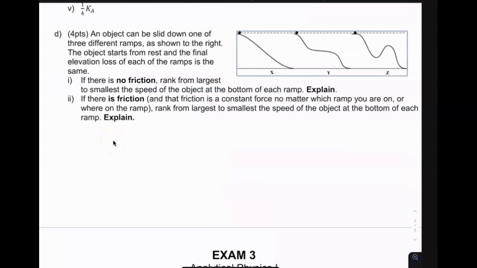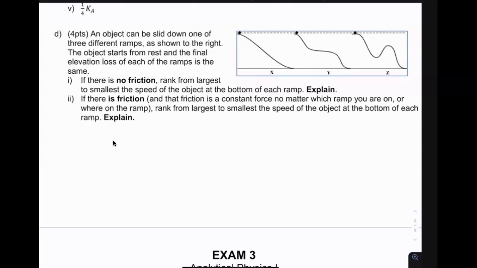In part D of question 1, an object can be slid down one of the 3 different ramps, as shown to the right. The object starts from rest and the final elevation loss of each of the ramps is the same. Well, we know that the work done by the gravitational force is equal to the gravitational force times the vertical displacement.